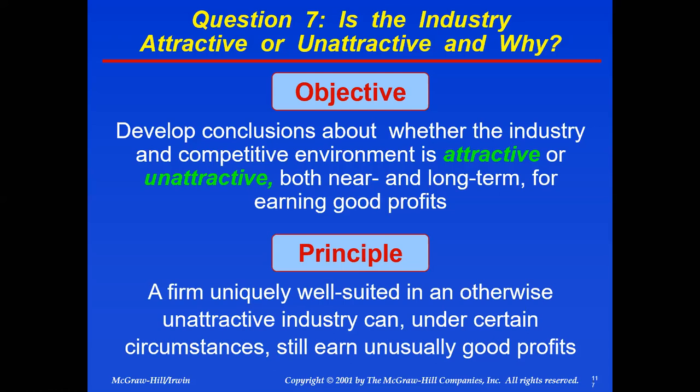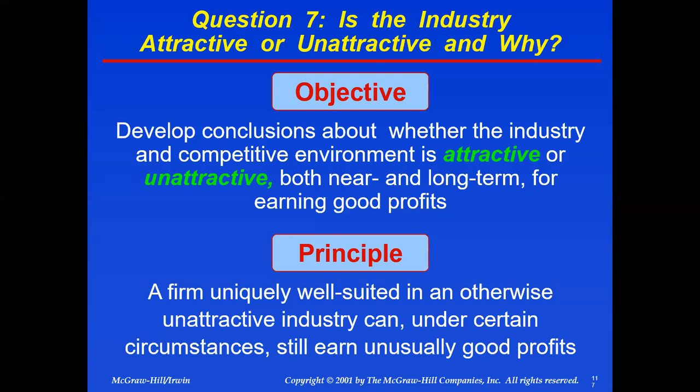And the major principle which we have to follow when developing question number 7 is that a firm uniquely well suited in an otherwise unattractive industry can, under certain circumstances, still earn unusually good profits. That is very interesting and important to witness, that sometimes a firm in a declining industry is still earning handsome profits. And why so?